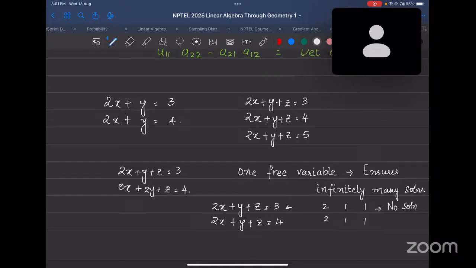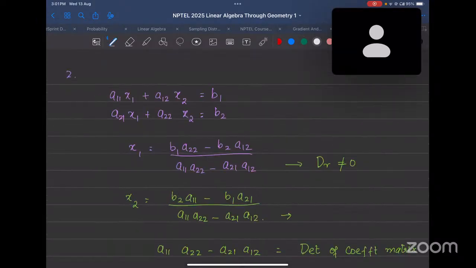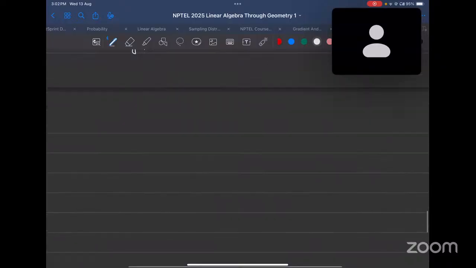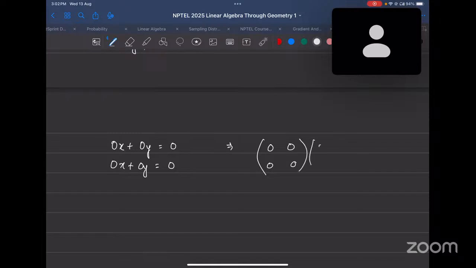But if the matrix A has all zeros, say for example, let's take this. There is no system of equations at all. Assume that I have 0x plus 0y is equal to 0, 0x plus 0y is equal to 0. In which case, you're going to have the 0 matrix as the coefficient matrix multiplying x, y.